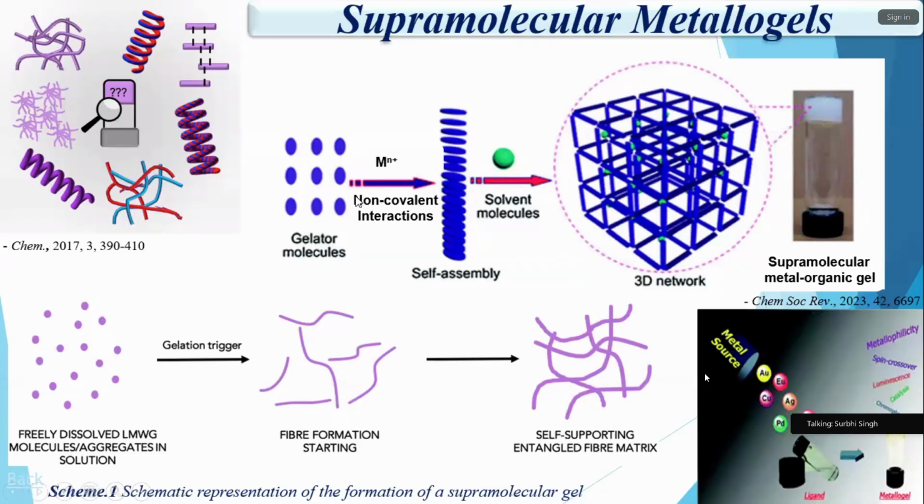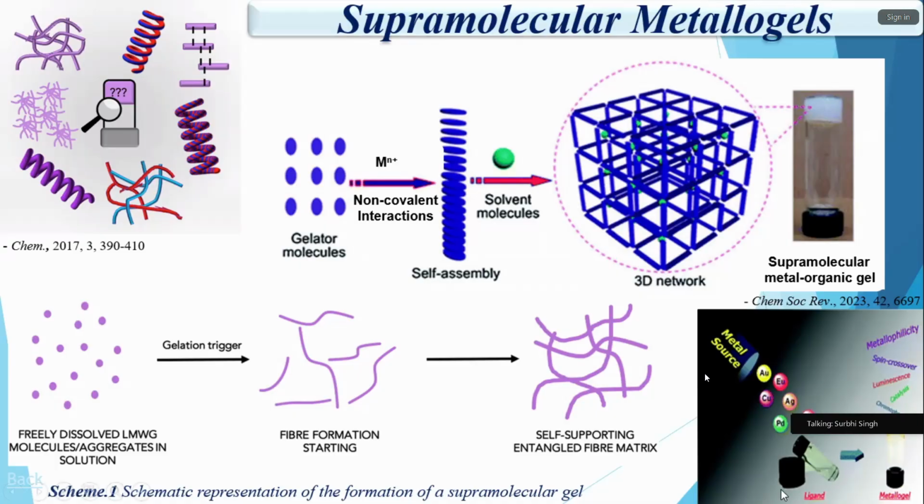So as we can see, it undergoes non-covalent interaction to form a self-assembly and then finally forms a 3D entangled network, which is known as a supramolecular metal organic gel. So the coordination interaction between ligand and metal ions is the main driving force for this formation.